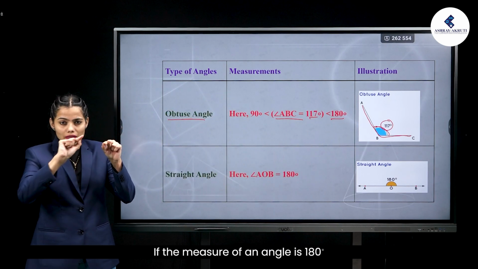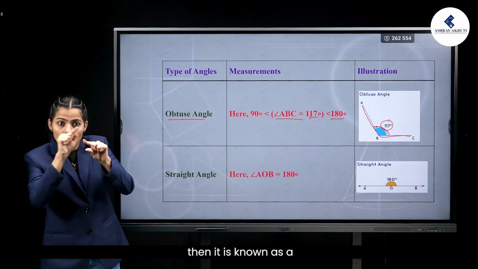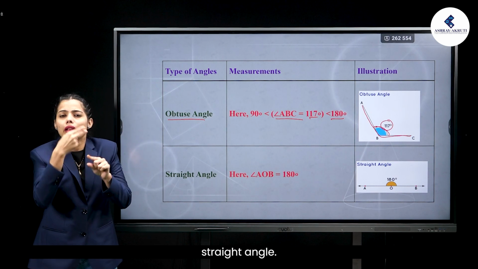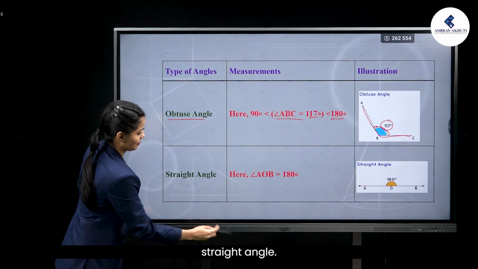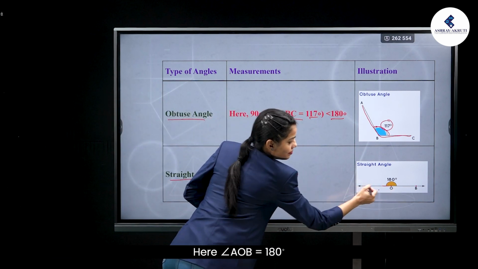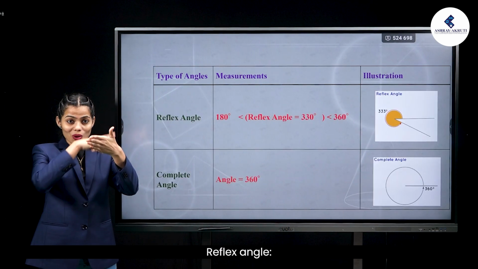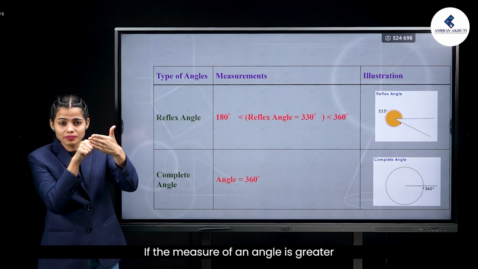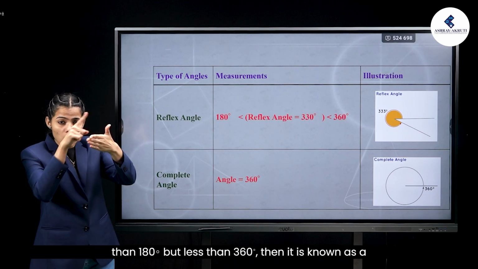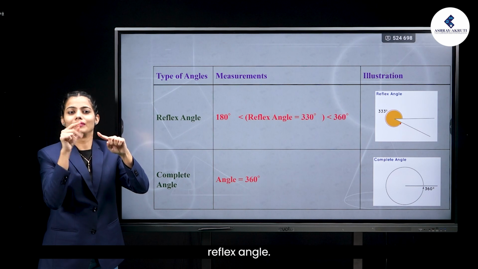Straight angle. If the measure of an angle is 180 degree, then it is known as a straight angle. Here angle AOB is equal to 180 degree. Reflex angle. If the measure of an angle is greater than 180 degree but less than 360 degree, then it is known as a reflex angle.